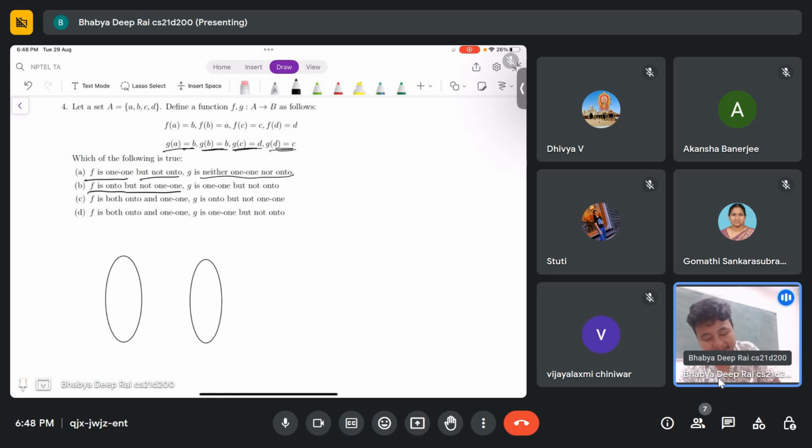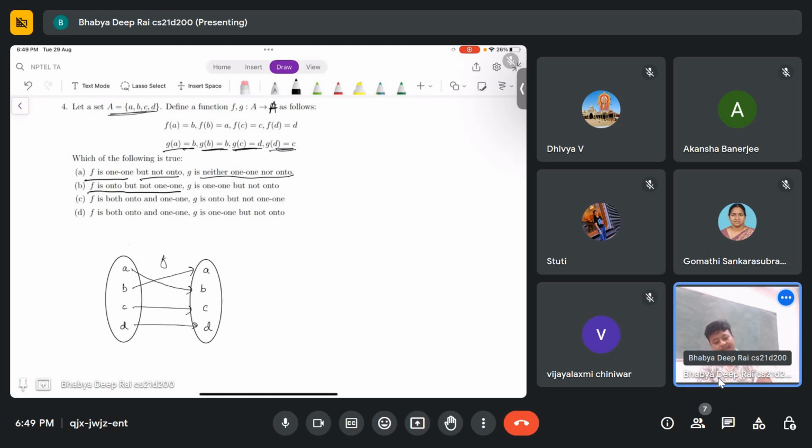So both take values from A, B, C, D, and the outputs are A, B, C, D. So f of A is B, so A maps to B, and f of B is A. C is C, and D is D.